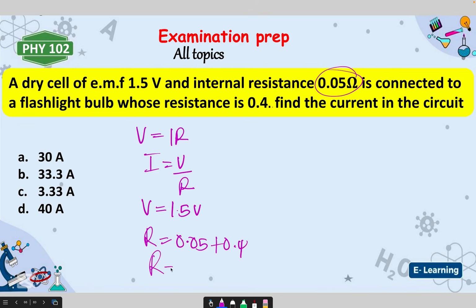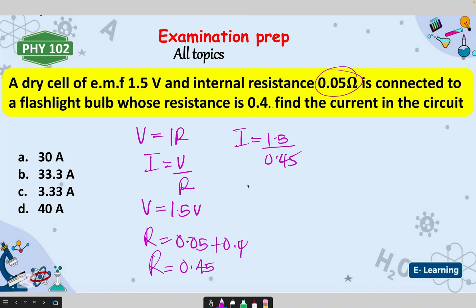Total resistance will be 0.45. Are you getting it now? So our I will be V, 1.5, divided by 0.45.